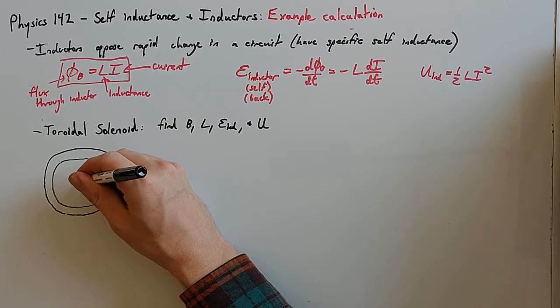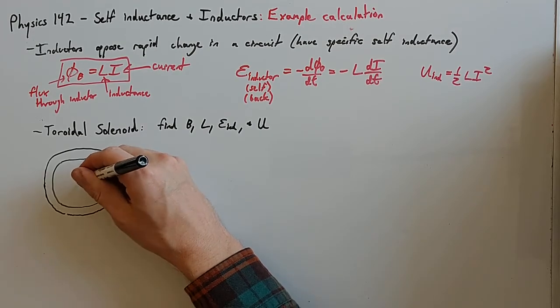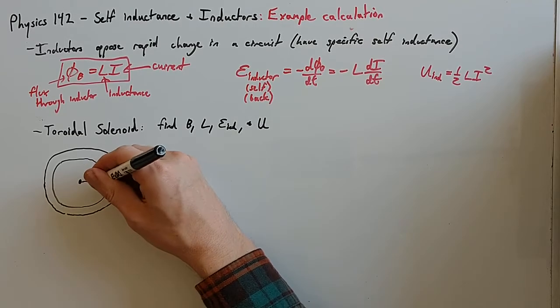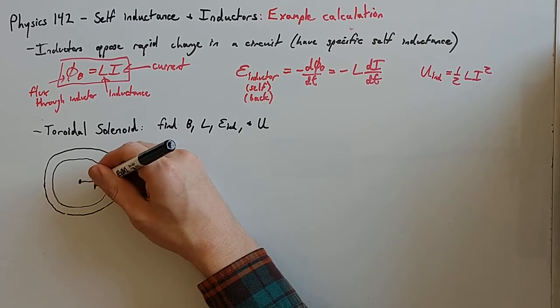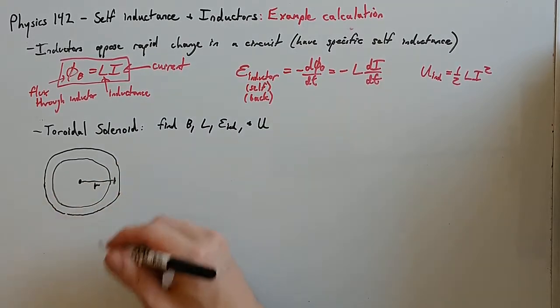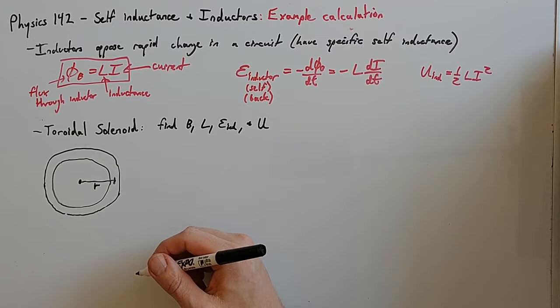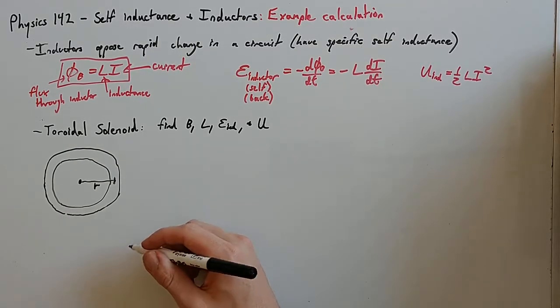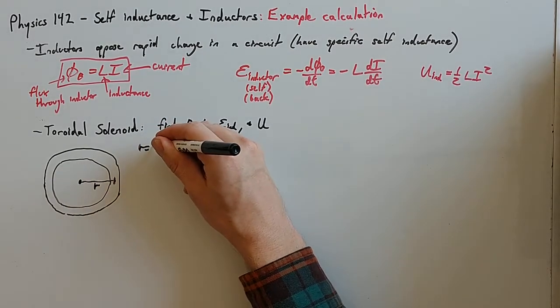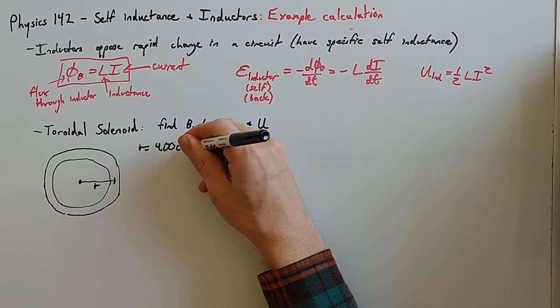And we're going to give some dimensions here. We're going to call this the radius of our torus. I'll have it be to the center of this outer ring. We'll have that be the radius, and maybe it's useful to choose some values, so we'll have the radius be 4 centimeters.